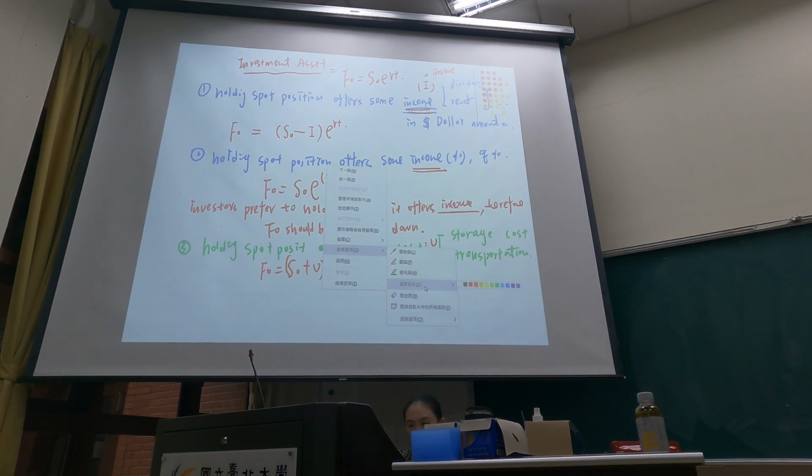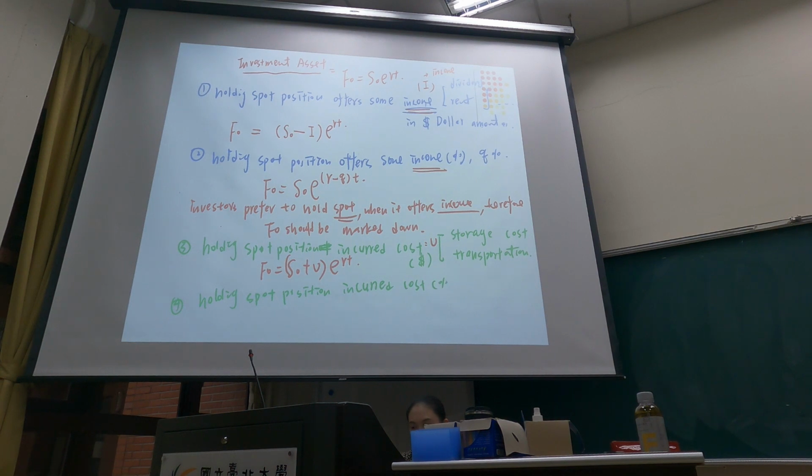Yeah? Okay. So basically, the pricing model adjustment becomes a plus when there's a cost in holding the spot position. Finally, you can also adjust the pricing model when this storage cost is in percentage. We give a symbol d.